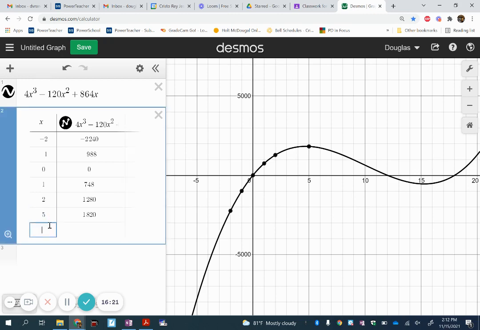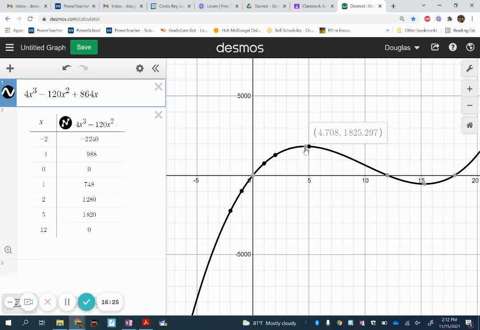Look at there. Okay. So if I look at my maximum, it's right here. You already know the x value is 4.708, we found that approximation. So here is my maximum volume at that side length of square that's cut out of this cardboard box, 1,825.297. And it's going to be cubic feet, I believe.